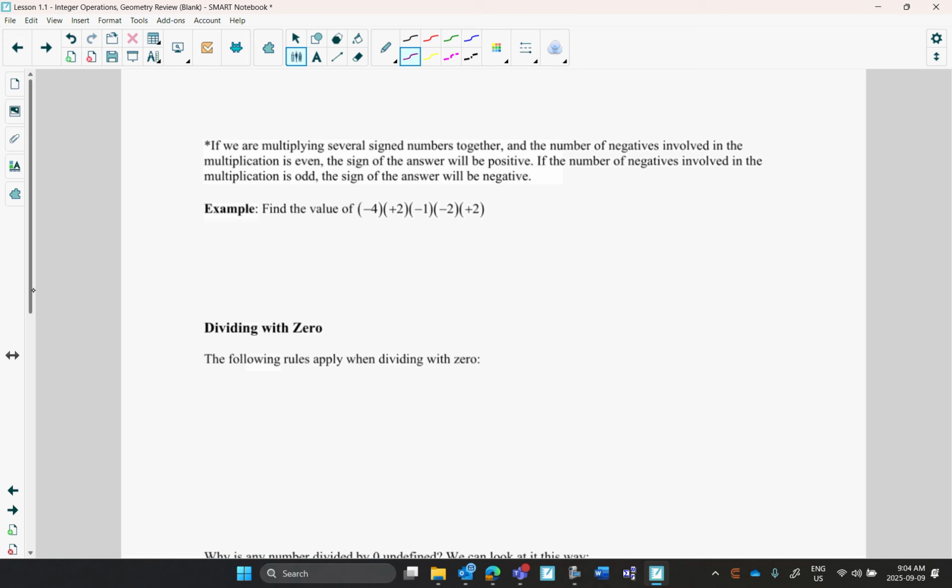If it's an even number of negatives, every 2 negatives multiplied is going to make positive. So if you have 2 negatives in there, the answer is going to be positive. If you have 4 negatives in there, the answer is still going to be positive. So is this one positive or negative? And then you just multiply like the signs aren't even there. 4 times 2 times 1 times 2 times 2. Anybody? 8, 16, 32. Good.